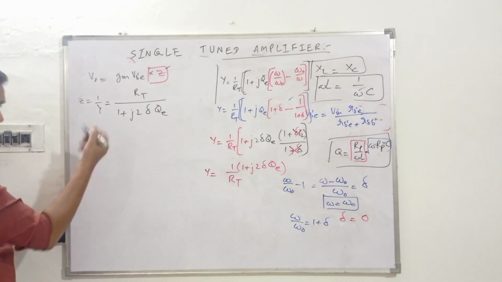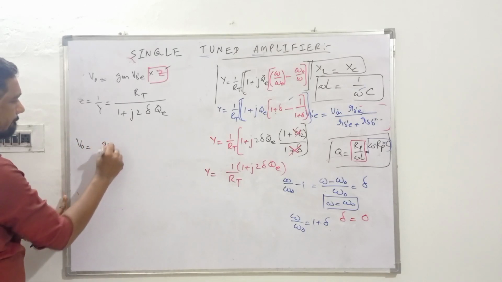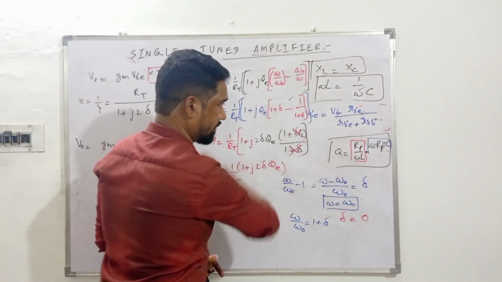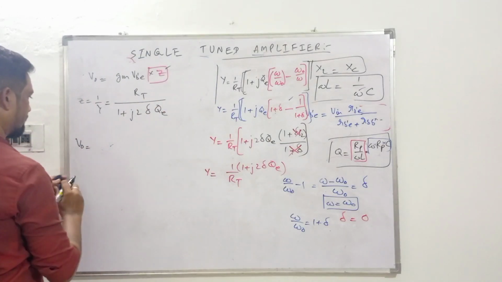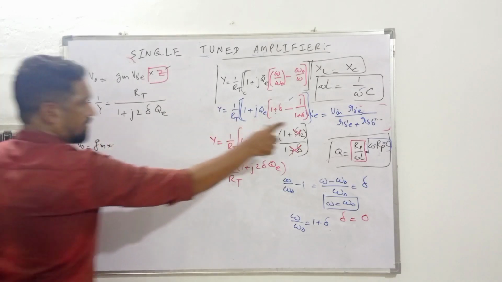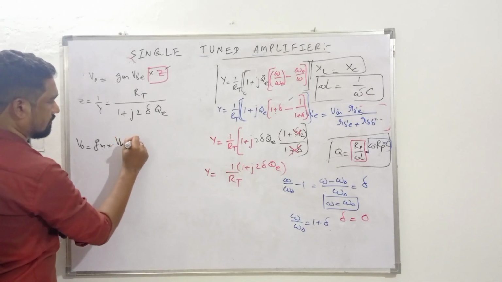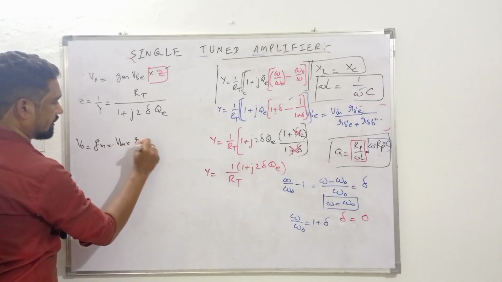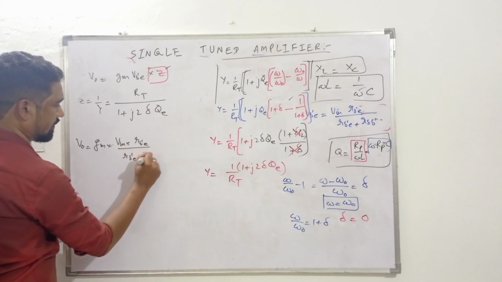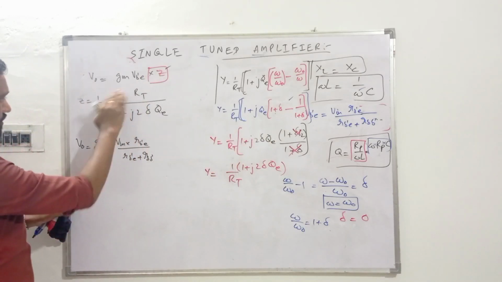All right, so what will be V naught? V naught will be equal to Gm into VB'E. What's VB'E? VB'E is this one. See, from the beginning I have written, Gm is a suffix. Okay, Gm, transconductance, Gm into VB'E can be plugged in with this one, V in into RB'E by RB'E plus RBB' from that expression for VB'E, and Z will be the reciprocal of this one.